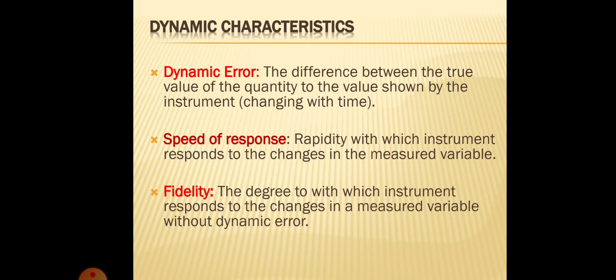So obviously the instrument is not reading the actual value of that physical quantity. It is showing some error. So if this type of error is changing with time, then this characteristic of that instrument will be called the dynamic characteristic.